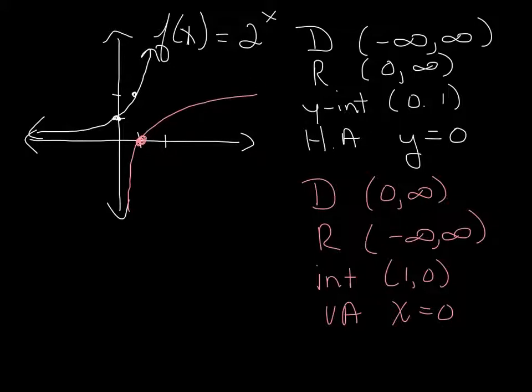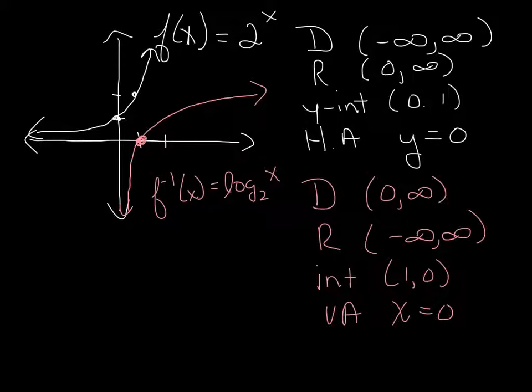And this would be the inverse, which is equal to the log base 2 of x. Notice we have a vertical instead of a horizontal asymptote. We cross the x-axis at the point 1, 0.